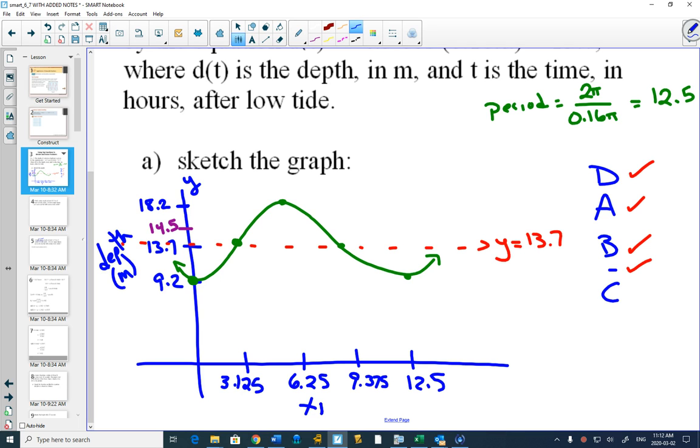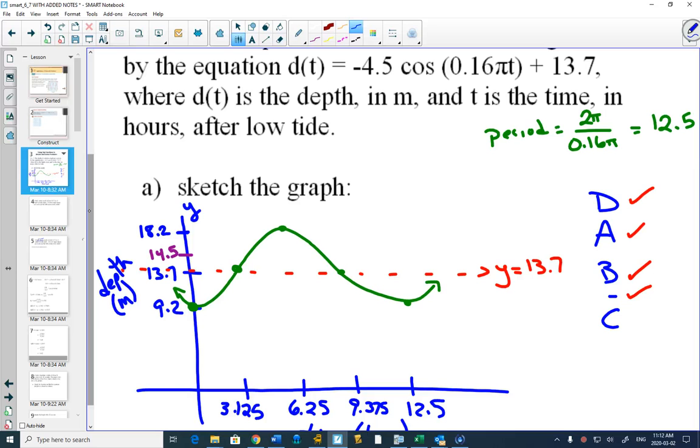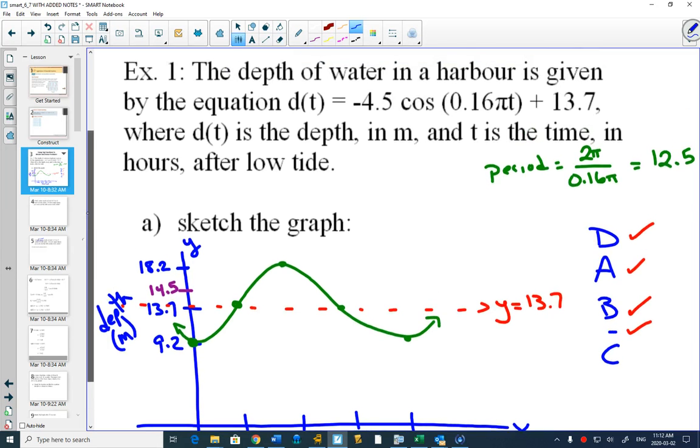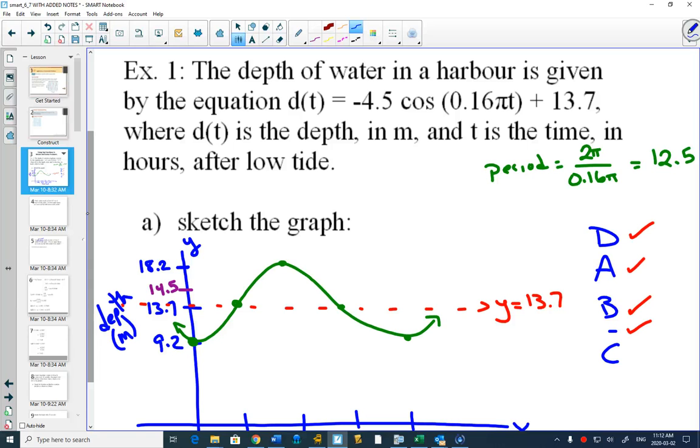And this represented time in hours. And we should put a title. Well, this is our x-axis, so label our x-axis. And what are we looking at? We're looking at depth of water in harbor.